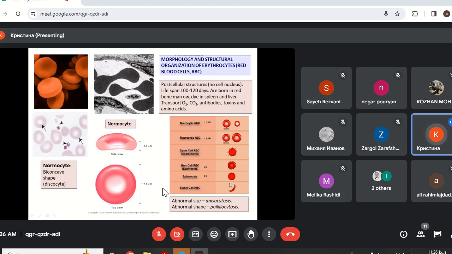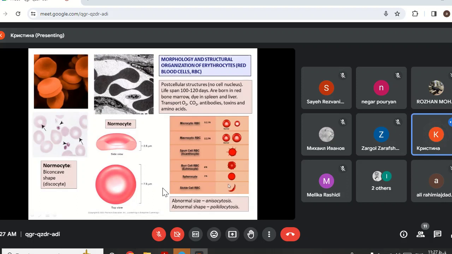Some of them have a different, not normal shape. For example, spherocytes. Sphero means a ball, and they are distinguished by lack of this lighter area in the middle. They are about 1%. About 6% are echinocytes with some spikes at their surface, and they are aging forms of red blood cells. Some of them can be like these, acanthocytes and sickle cell red blood cells.